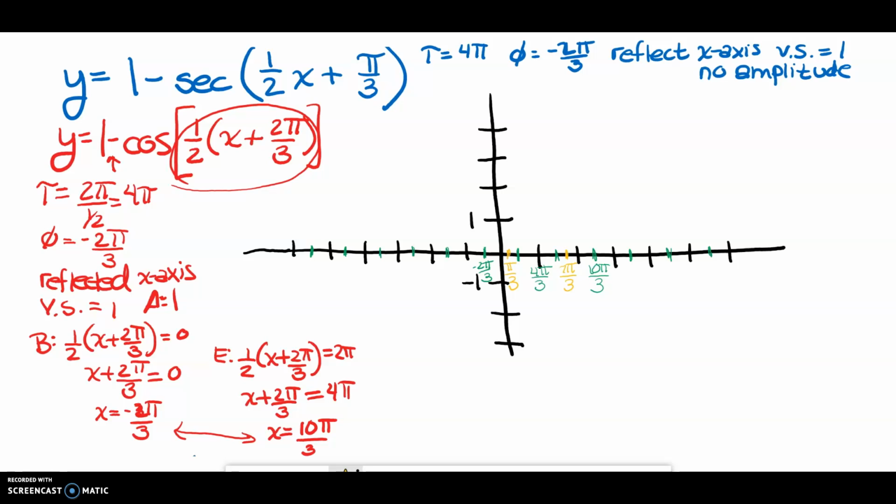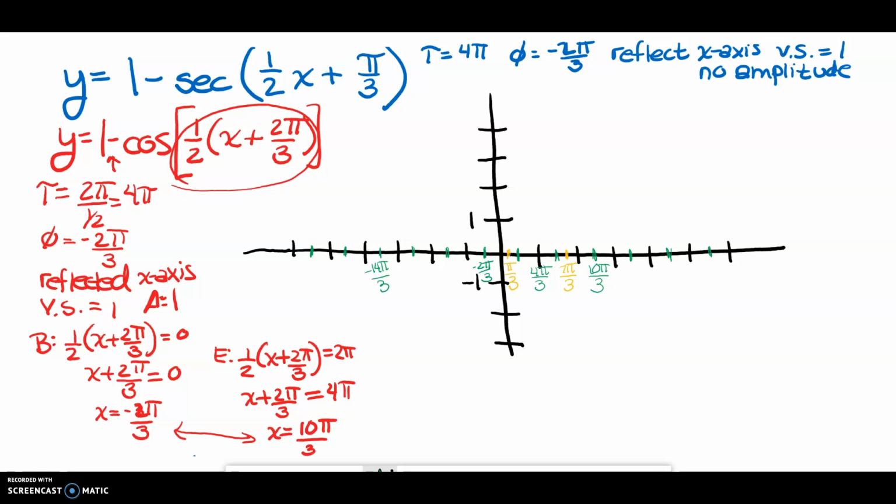I am going to also label my second period. So I know I have to go back 1, 2, 3, 4, 5, 6 marks. So I'm going to be right here for my end. And what is that going to be? That's going to be 1, 2, 3, 4, 5, 6, 7, negative 14 pi over 3.